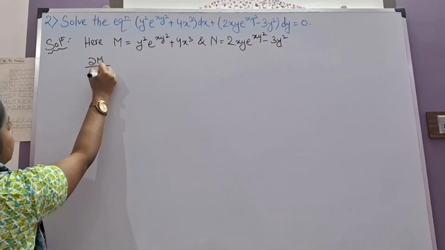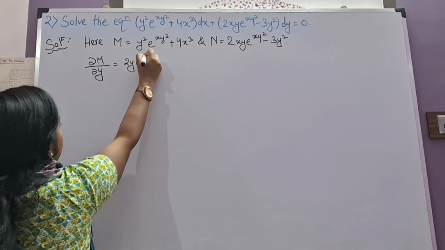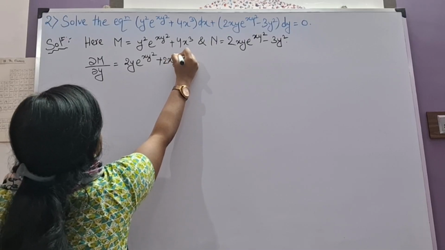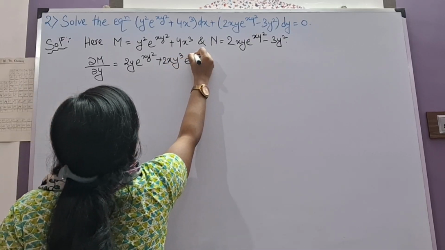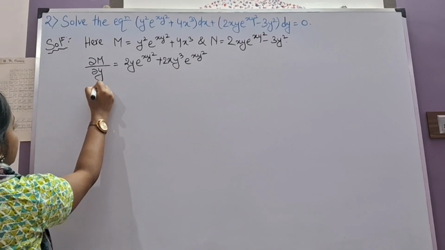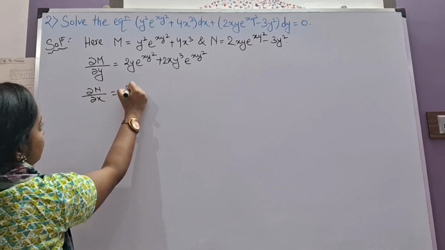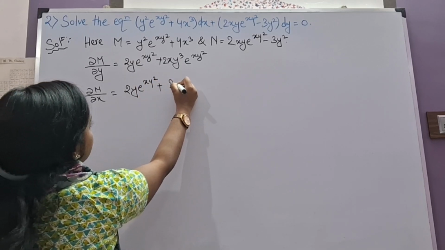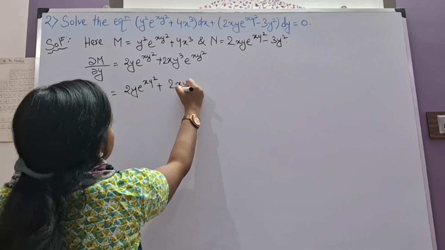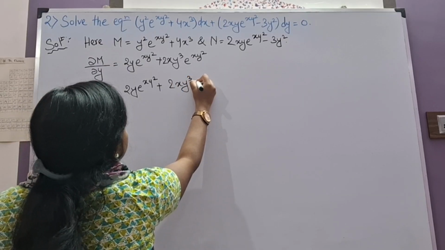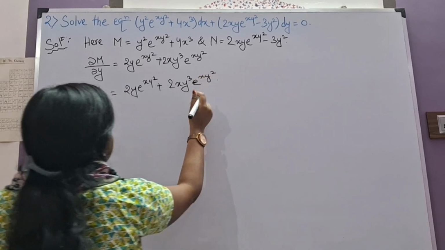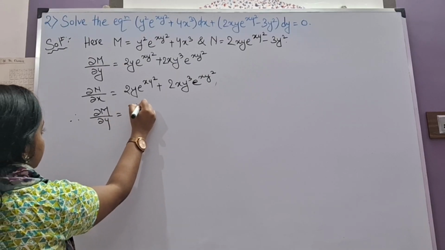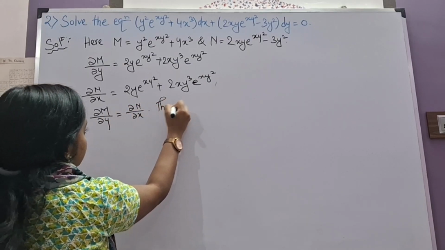So del M del y equal to 2y e to the power xy square plus 2x y cube e to the power xy square, and del N del x equal to 2y e to the power xy square plus 2x y cube e to the power xy square. Thus del M del y equal to del N del x.